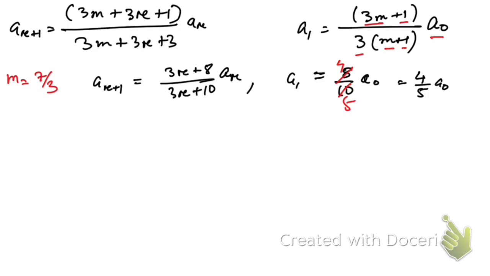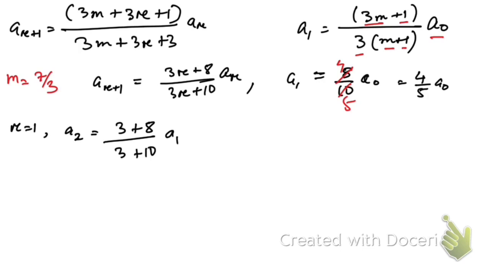So similarly, let us obtain a2. We have already got a1, so let's find a2. How to find a2? In order to find a2, you have to put r equal to 1, right? So putting r equal to 1, we can have a2. If you replace this r by 1, then what is going to be the value? 3 into 1 is 3 plus 8, and 3 ones are 3 plus 10, that's for a_r where r is replaced by 1.